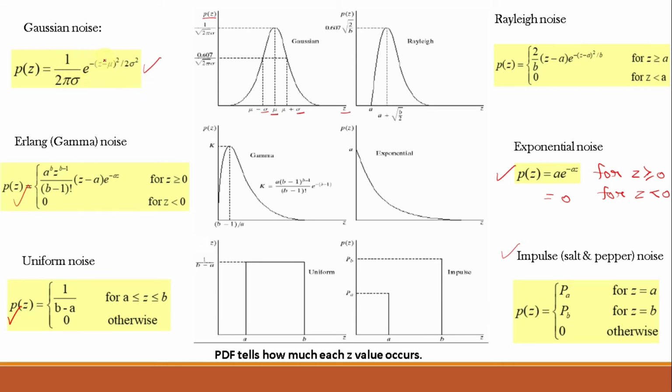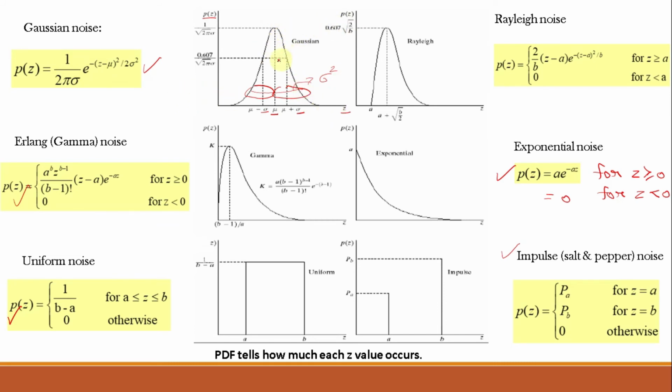For Gaussian noise, this is the mean value of the Gaussian curve, this is the negative standard deviation, and this is the positive standard deviation, and this total is the positive variance, and this one is the negative variance. So this value is equal to this value for the Gaussian distribution. If you put the values of z in this equation, you will get such a bell-shaped curve.